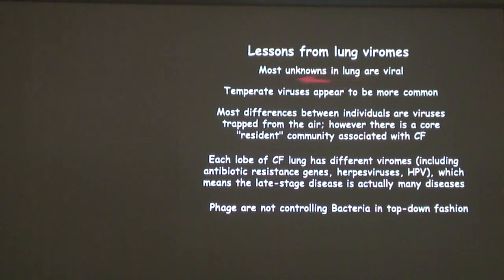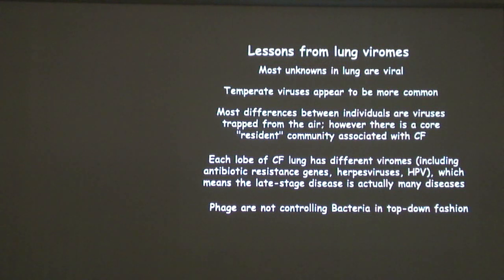So what we've found so far is most of the unknowns, of course, are viral. Temperate viruses are more common, and that seems to be the rule for the human microbiome in general. We do actually see a lot of herpes viruses and HPV in the later ends of the disease.